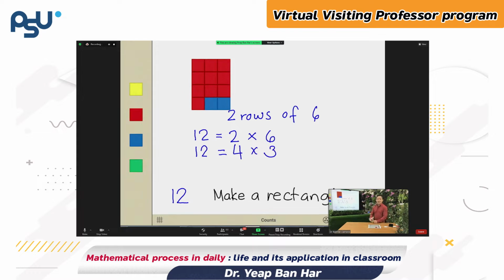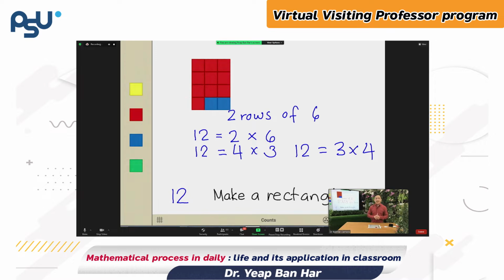And some students said, but teacher, we make 3 rows of 4. Is it counted to be the same or not? And the teacher may say, class, what do you think? Some friends say they make 3 rows of 4. Would you consider that to be the same or different? It doesn't matter to me.